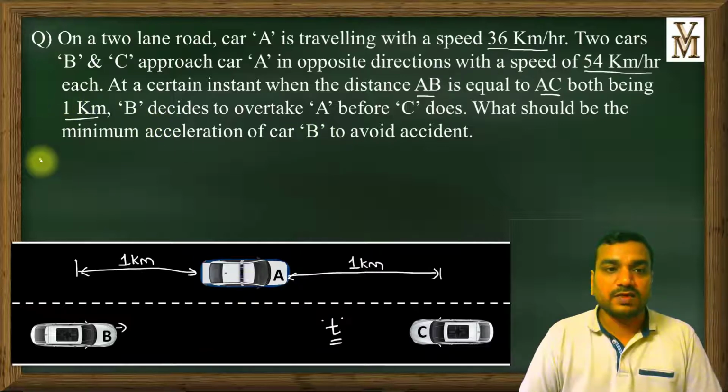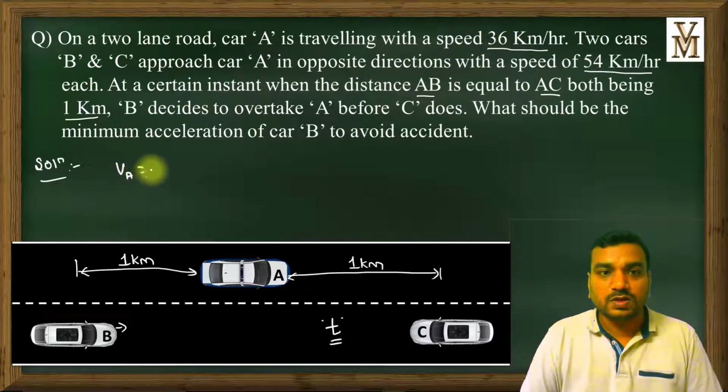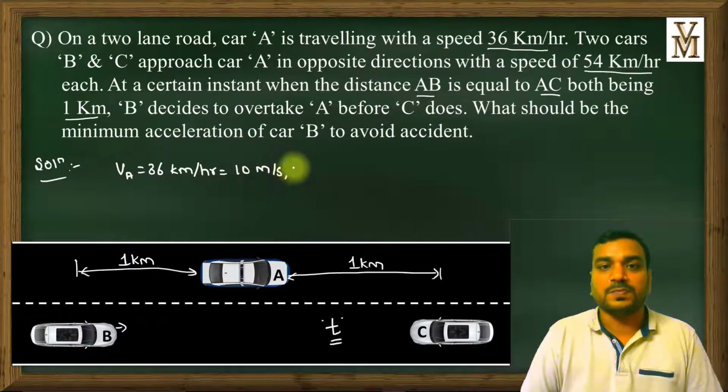So what are the things given in the question? The speed of car A, that is VA equals 36 km per hour, and if I convert this into meter per second, I am going to get 10 meter per second.